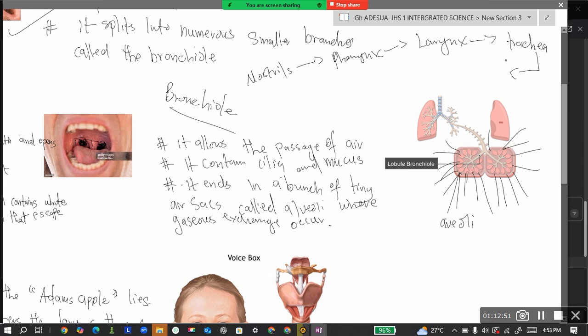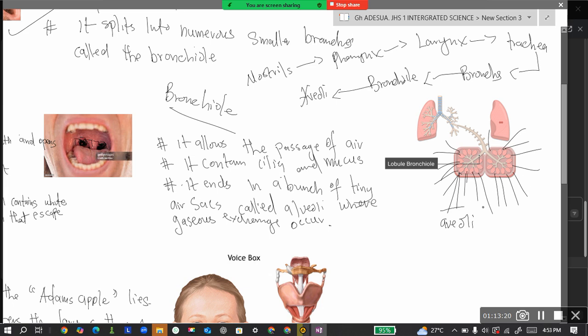From the trachea, it moves to the bronchus. From the bronchus, the air finally goes to where? The alveoli. And that is the last stop of the air. The alveoli over here.